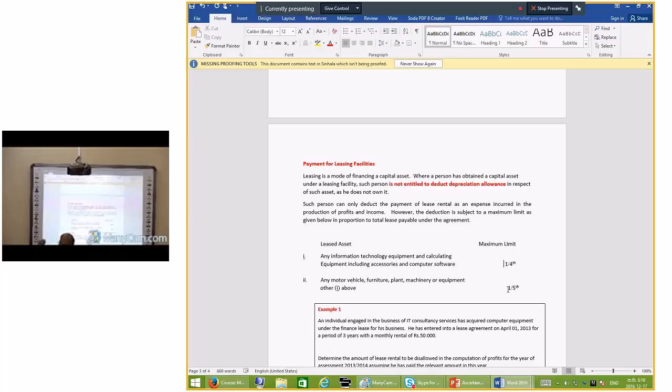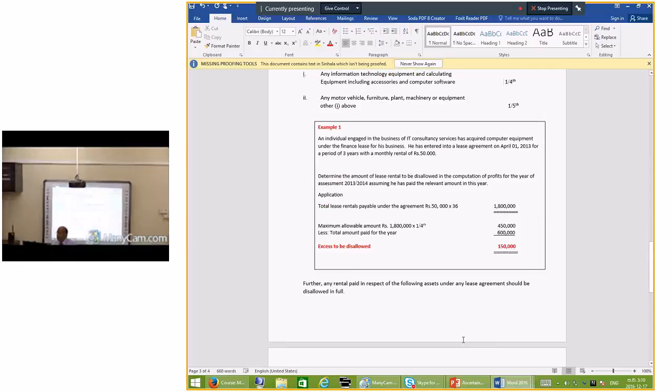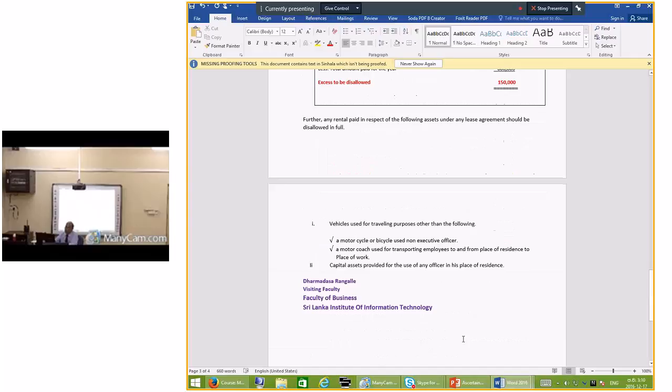But here we are learning how to compute the profit arising on the disposal of lease assets. Then two adjustments are involved. When we claim the capital lease rentals, there are some restrictions subject to these rules, right? On disposal, again we have to apply the same rule. What is the amount of lease allowed? The same formula, right?